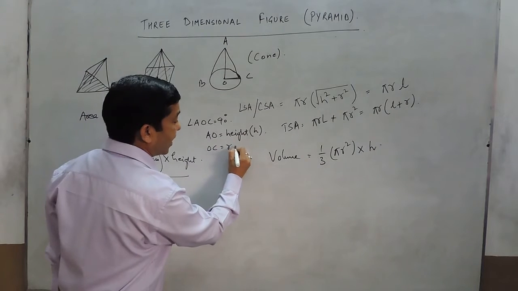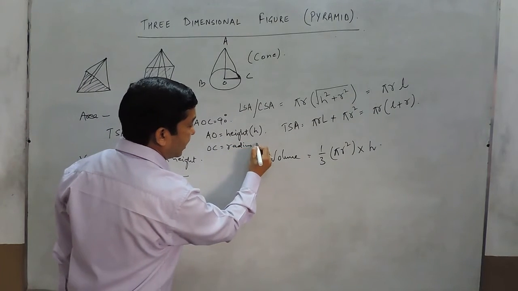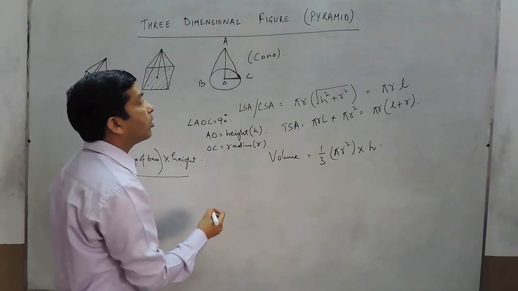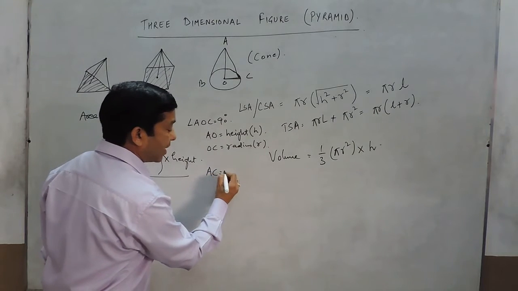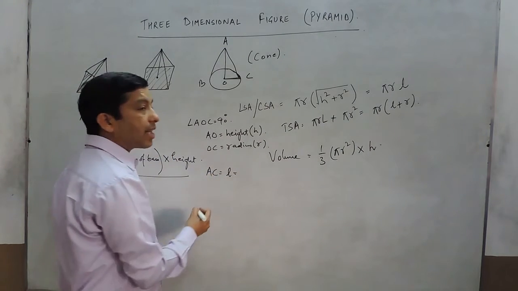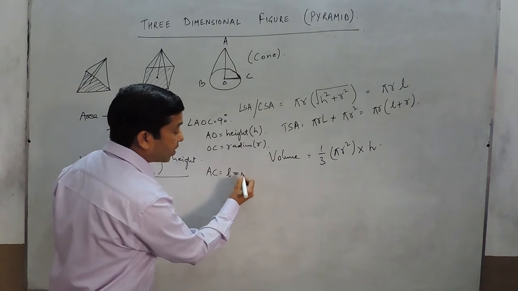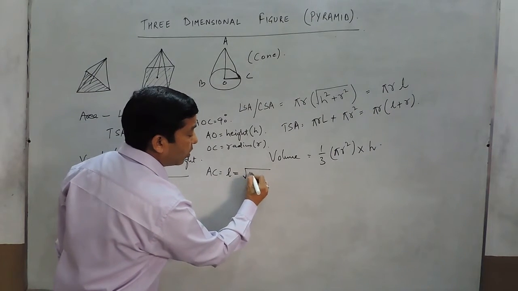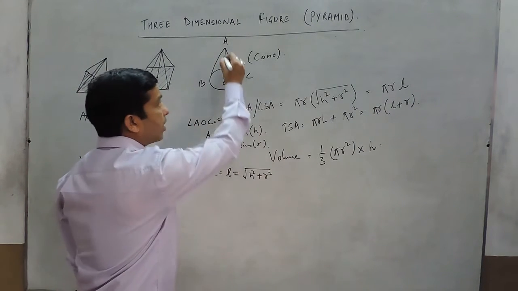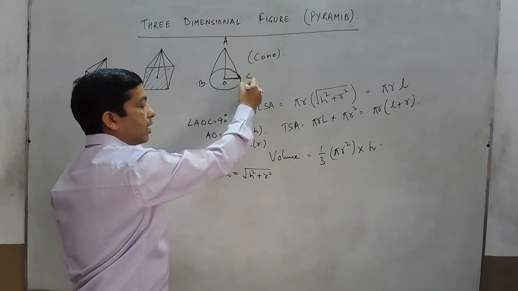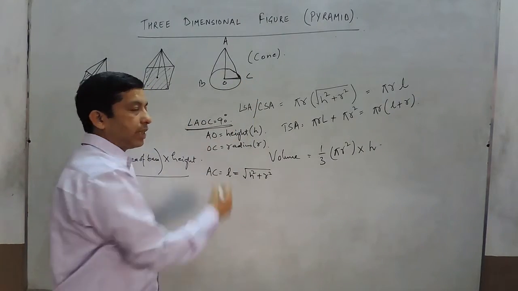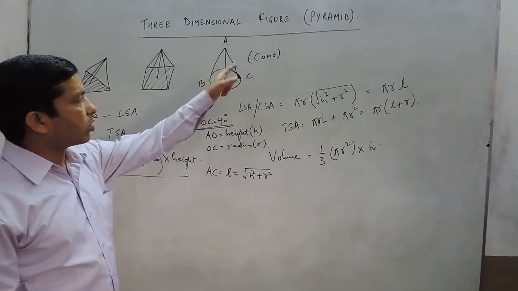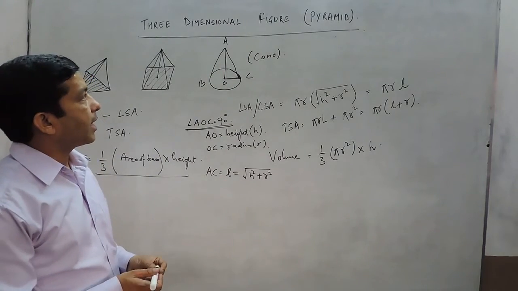OC is known as radius, which is denoted by r. And AC is basically known as the slant height L. From the Pythagoras theorem, L is equal to the square root of h square plus r square, that is L square equals h square plus r square, because angle AOC is 90 degrees. So the Pythagoras theorem is applicable in a 90 degree angle.